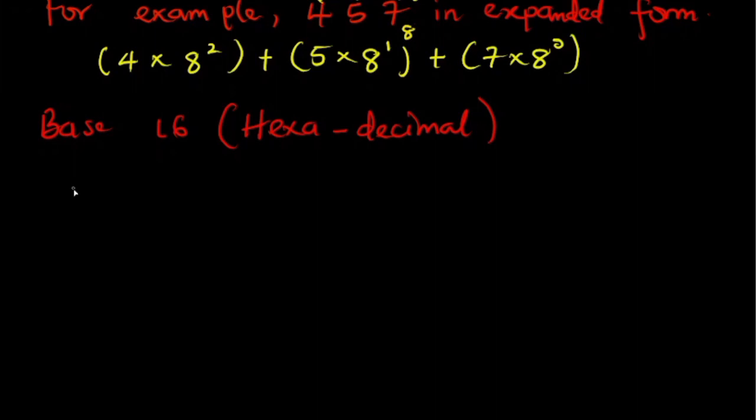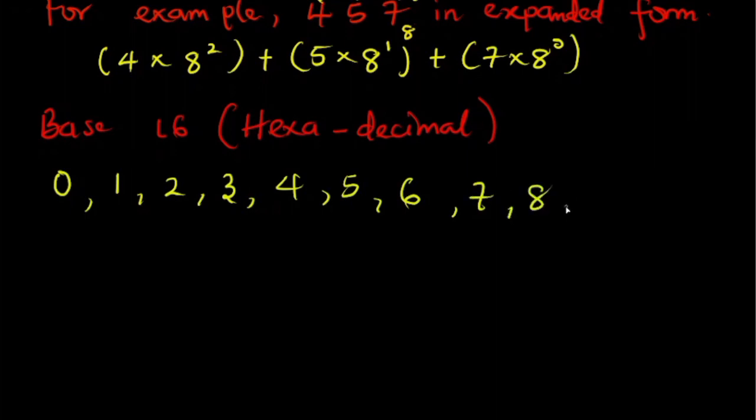This one has 16 leaves. So we have, I will write them: 0, 1, 2, 3, 4, 5, 6, 7, 8, 9, 10, 11, now 12, 13, 14, and 15.